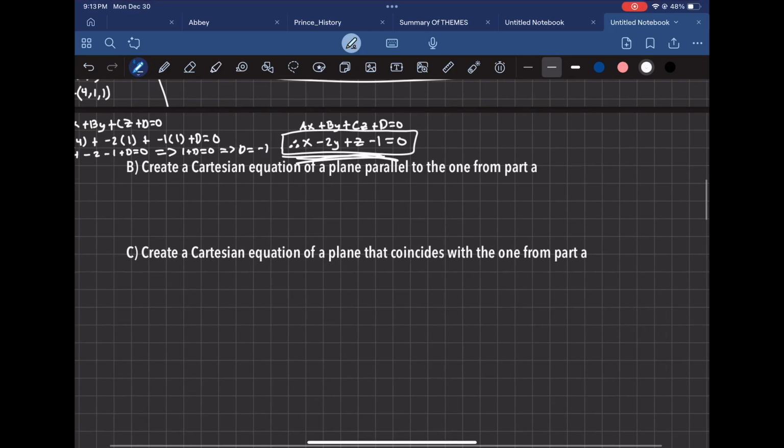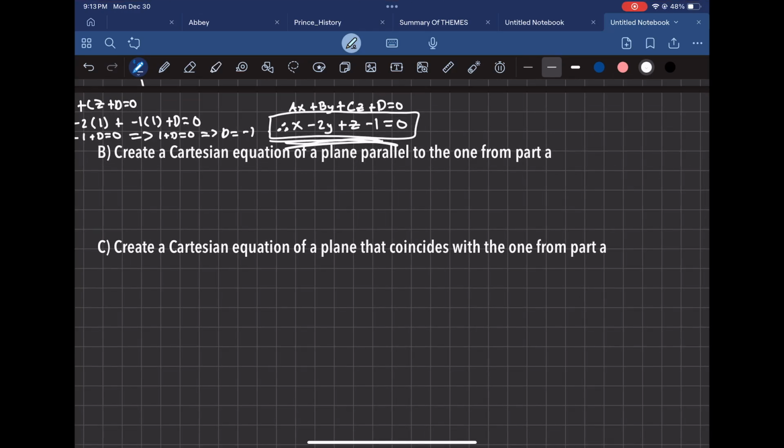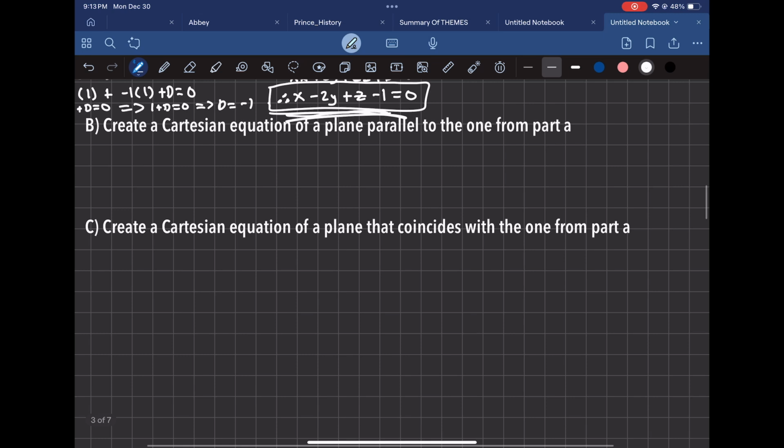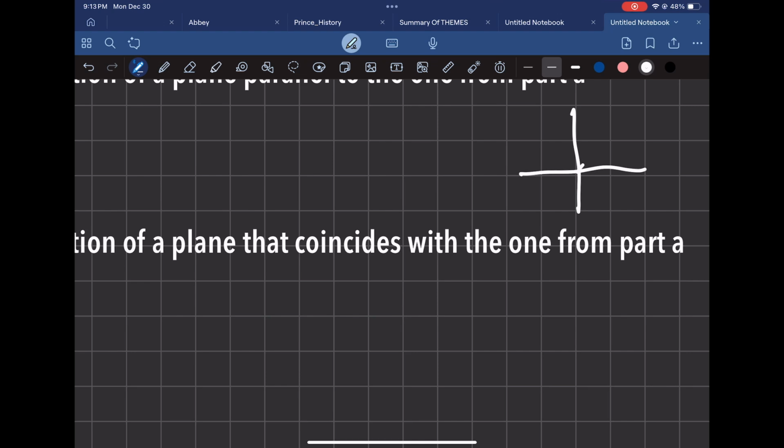Now next, create a Cartesian equation of a plane parallel to the one from part A. So if we go back to lines that you might have learned in early high school, grade 9, maybe even grade 8, you'll know that two lines that are parallel have the same slope, but just a different b value, in y equals mx plus b.